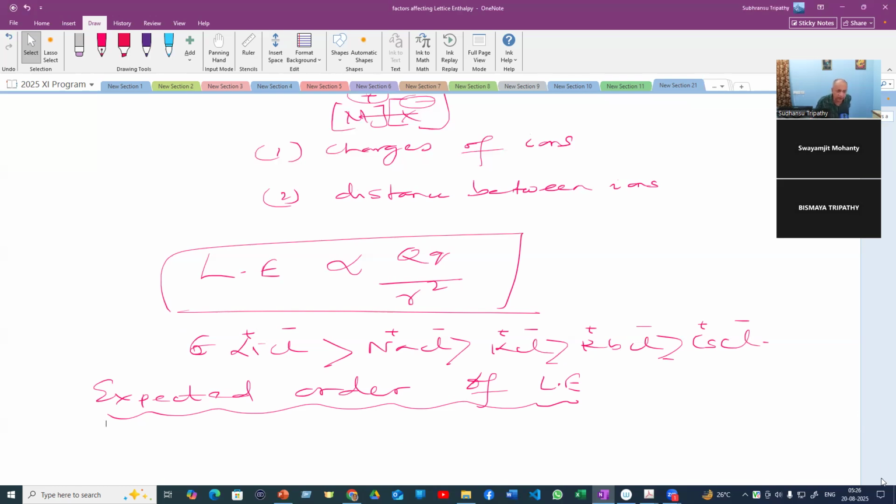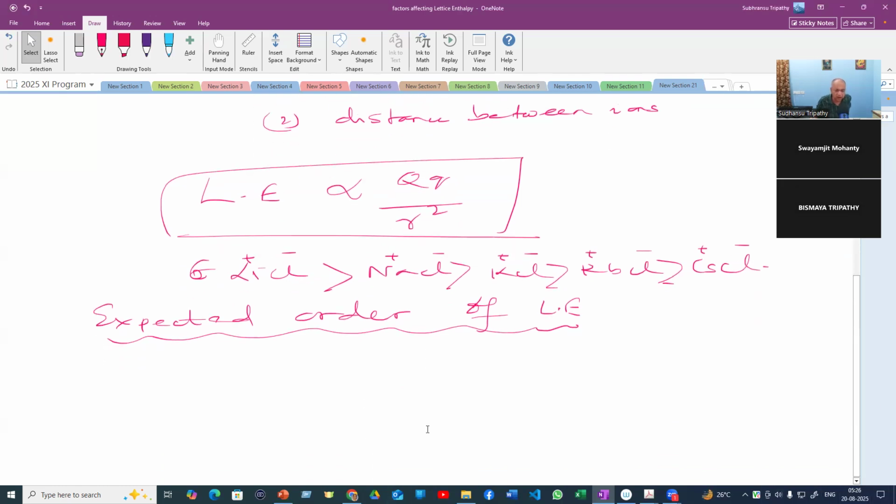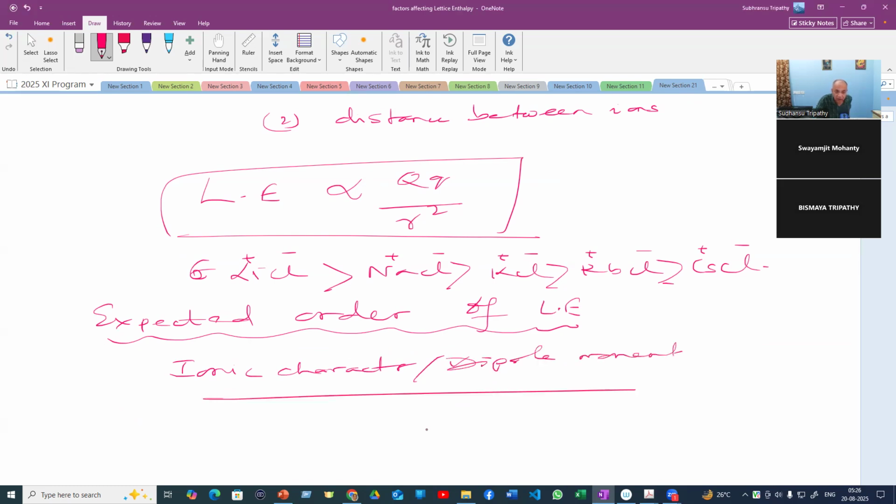So if this is the order, in fact, if you look at the electronegativity difference, the ionic character increases. The dipole moment order is: cesium chloride is most ionic.